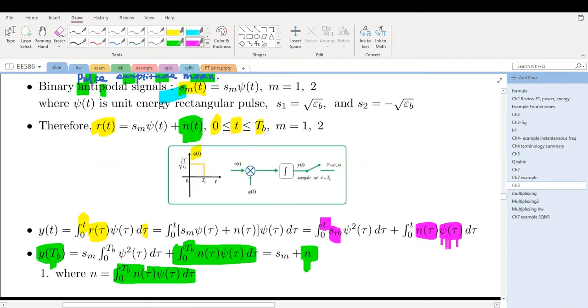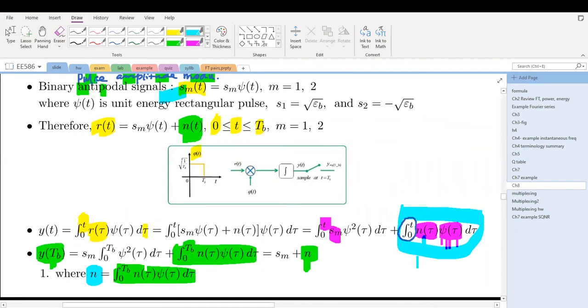This is not random. And then we do the integral. An integral is eventually a summation. Therefore, this whole term is a linear combination of Gaussian random variables, and a linear combination of Gaussian random variables is still Gaussian. Therefore, n is a Gaussian random variable.